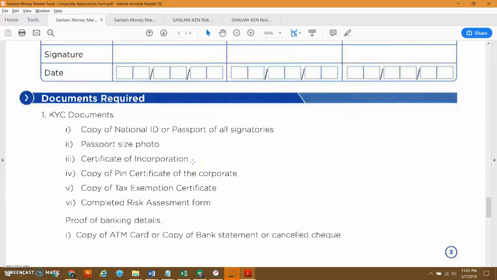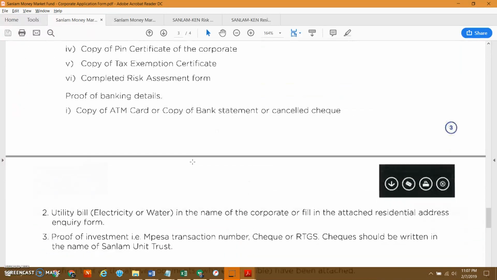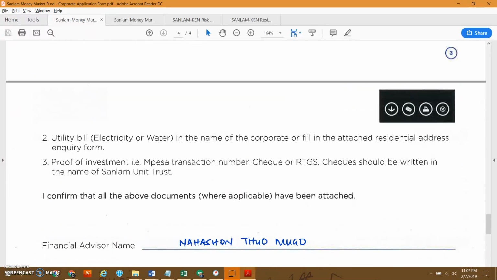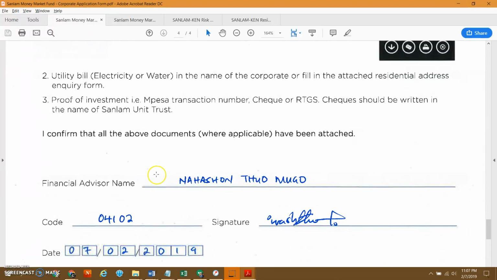It's for all the signatories, and you need the evidence of transfer of the funds, otherwise they won't open the fund account until you've deposited the initial investment. And as I mentioned, an accredited advisor can certify the documents, or you can go to a lawyer to certify that they're a true copy of the original.